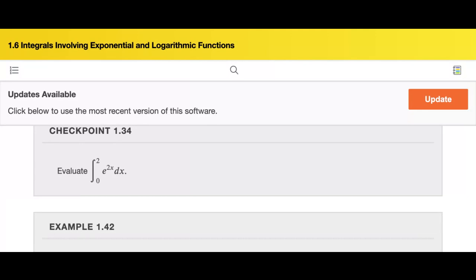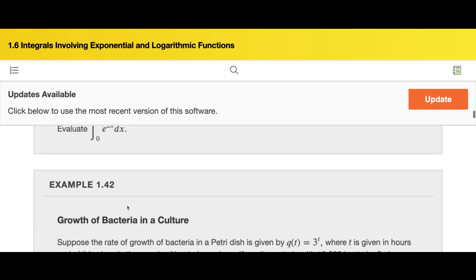I mean e to the 4, not e to the x. So the answer is half of e to the 4th power minus 1. Okay, I think we all have the same answers. If anyone has any questions, feel free to jump in.